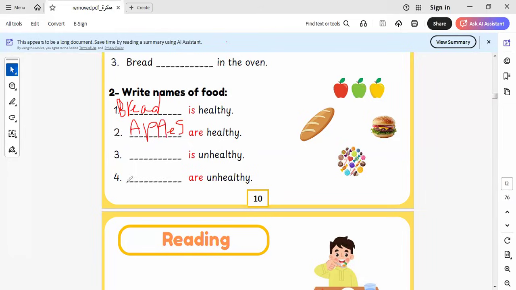Space is unhealthy. Burger is unhealthy. Space is unhealthy. Sweets is unhealthy. Okay. Let's continue the rest of the exercise here.